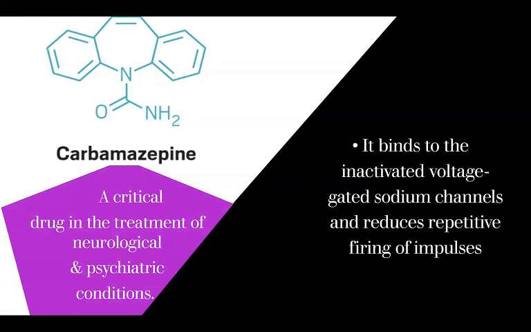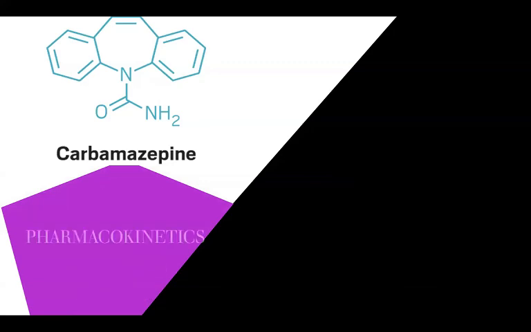So let's look at some aspects of the pharmacokinetics of this drug. Briefly, we look at the absorption, which I label A. So normally the absorption of carbamazepine is slow and variable.